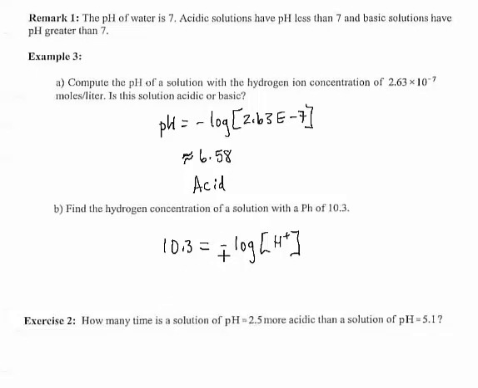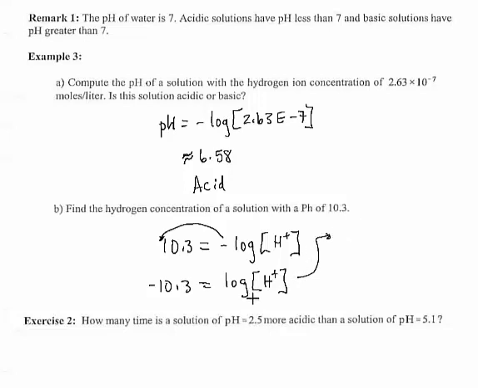And first we're going to move the minus over to the left, group it with the 10. So now we write negative 10.3 equals log. We want the log to be completely separate. No other numbers on the side of the log expression, just the log expression with its base and its argument.